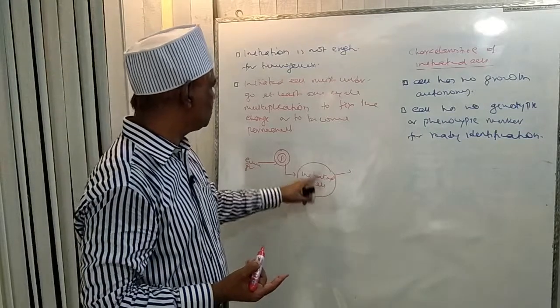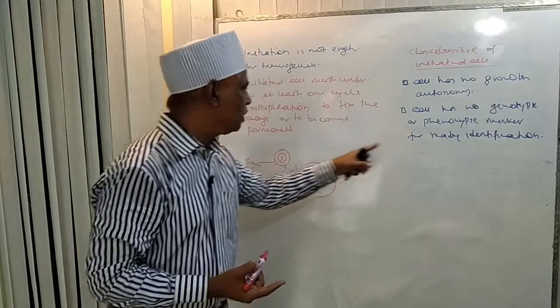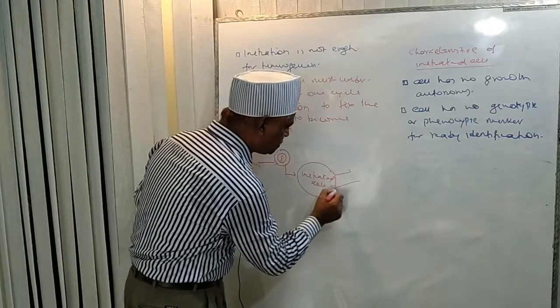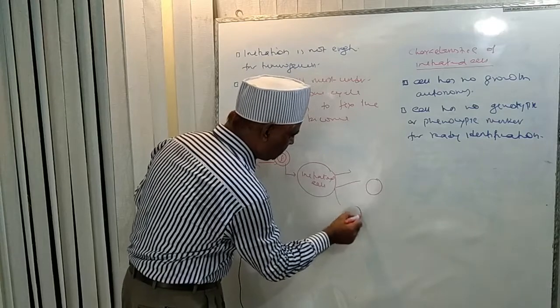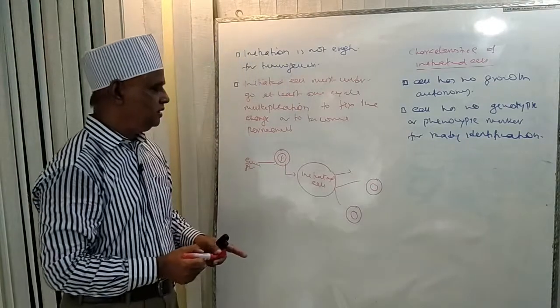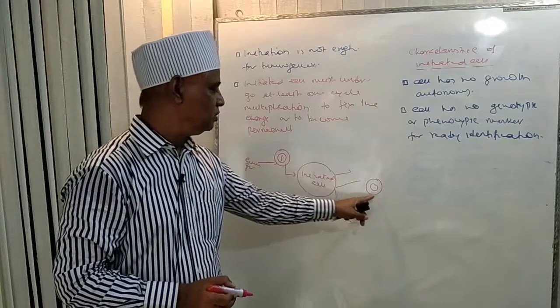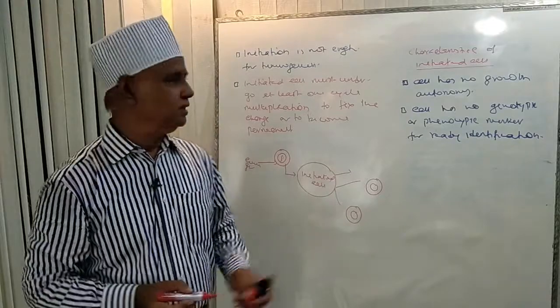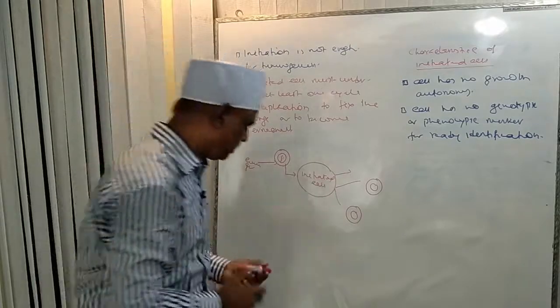This cell has no genotypic or phenotypic marker. This cell must undergo at least one cycle multiplication so that the change becomes fixed, so that the cell becomes permanent. These are the characteristics of initiated cell.